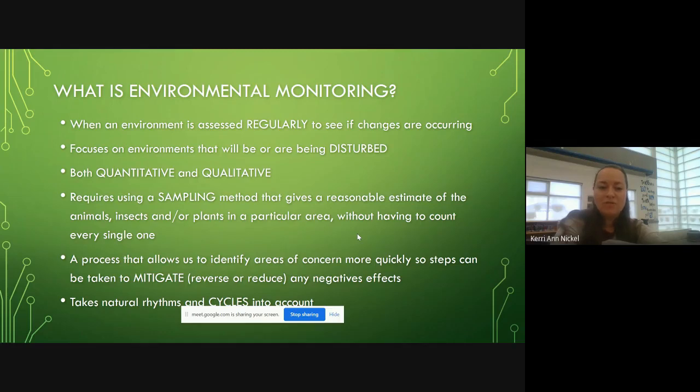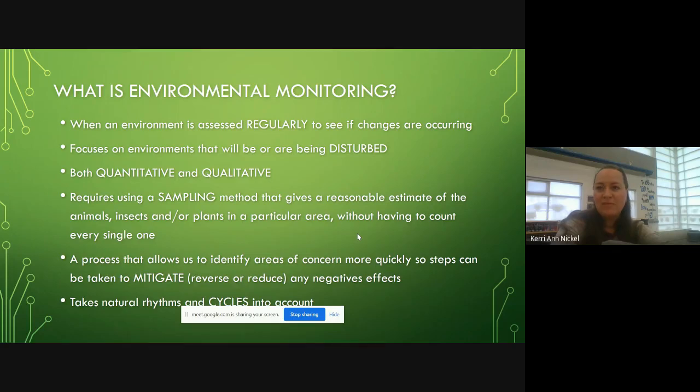Now, we generally focus on monitoring environments that will be or are being disturbed. So if we know that there's going to be an oil sands development, for example, we might start monitoring the environment before, and then it would be monitored afterwards to see what kind of effects that would be having.